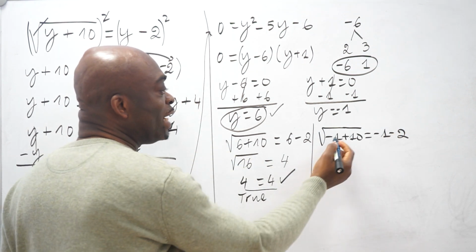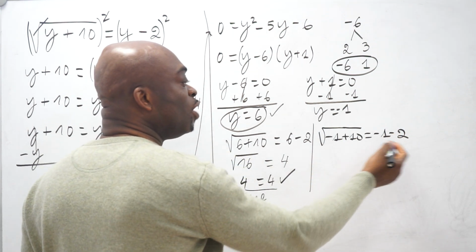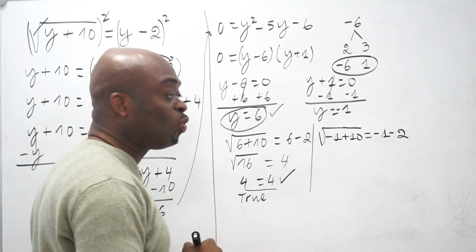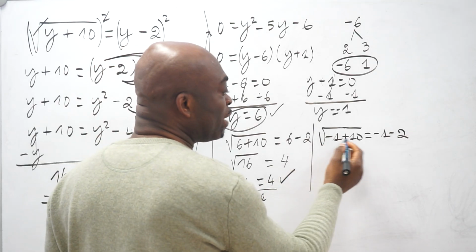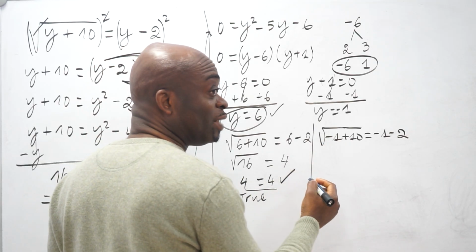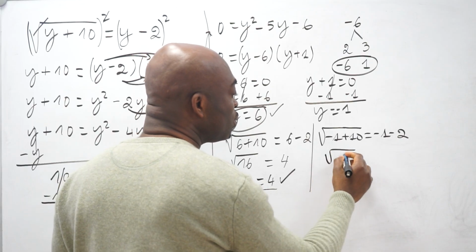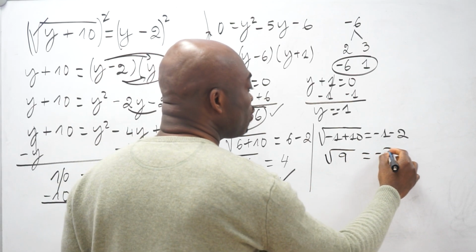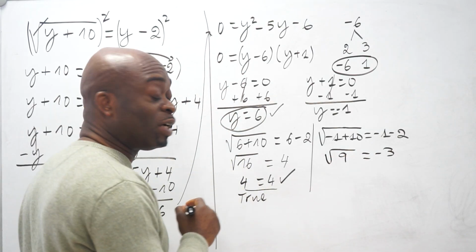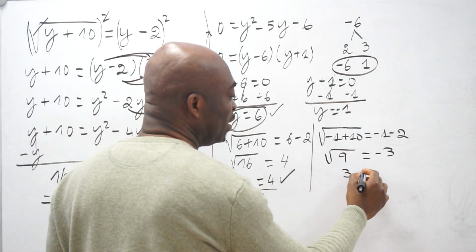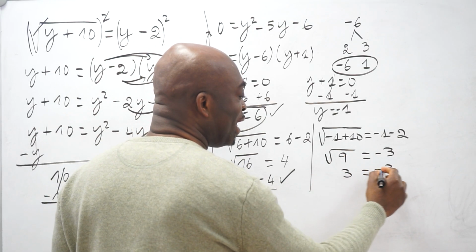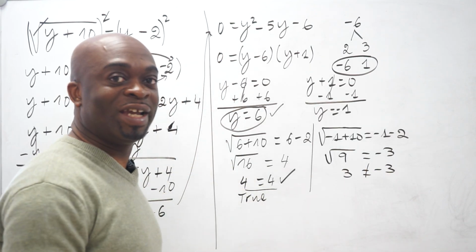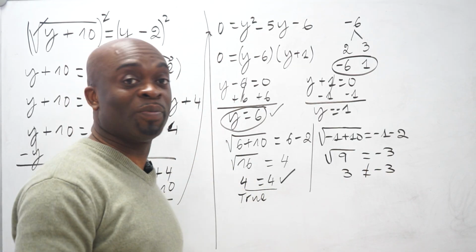All right? So again, these two numbers got to be the same once you finish working on them. So -1 plus 10 is +9. So square root of 9, and -1 minus 2 is -3. What is square root of 9? +3. -3, are they the same? No. 3 and -3 are not the same numbers at all.